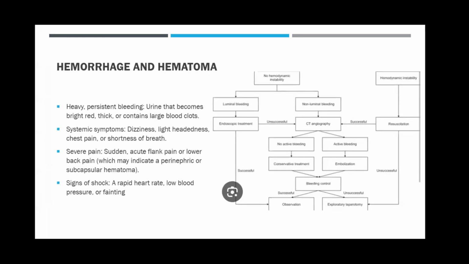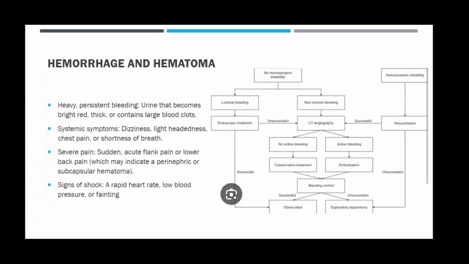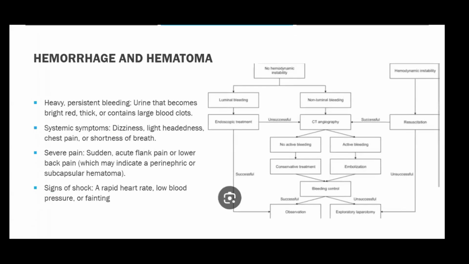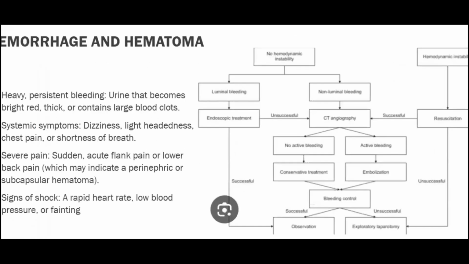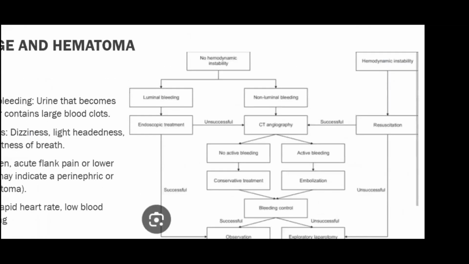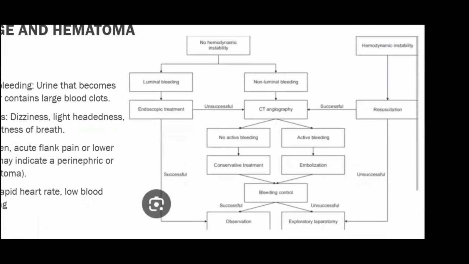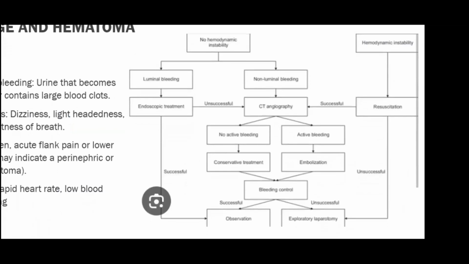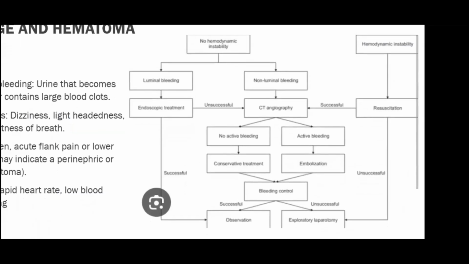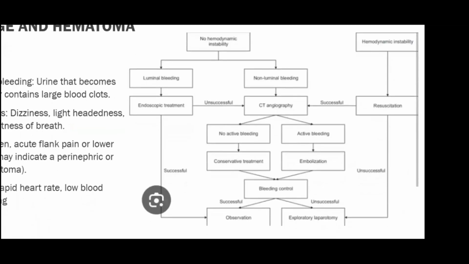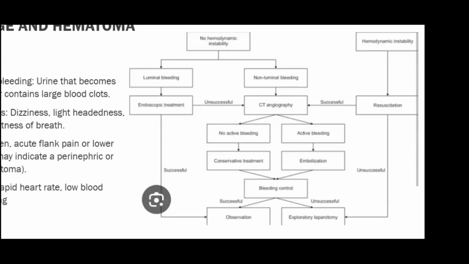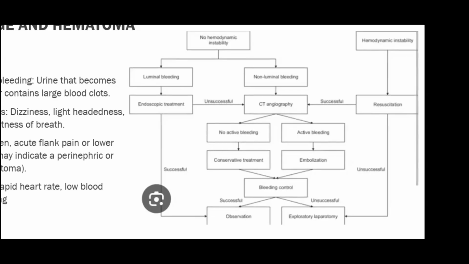And I put this diagram here, and it shows that whenever we suspect that a patient has hemodynamic instability, we can classify them into two categories, either stable or unstable. If they are unstable, we can resuscitate them. Then if they respond well to the resuscitation, we can investigate further the cause and control the bleeding.